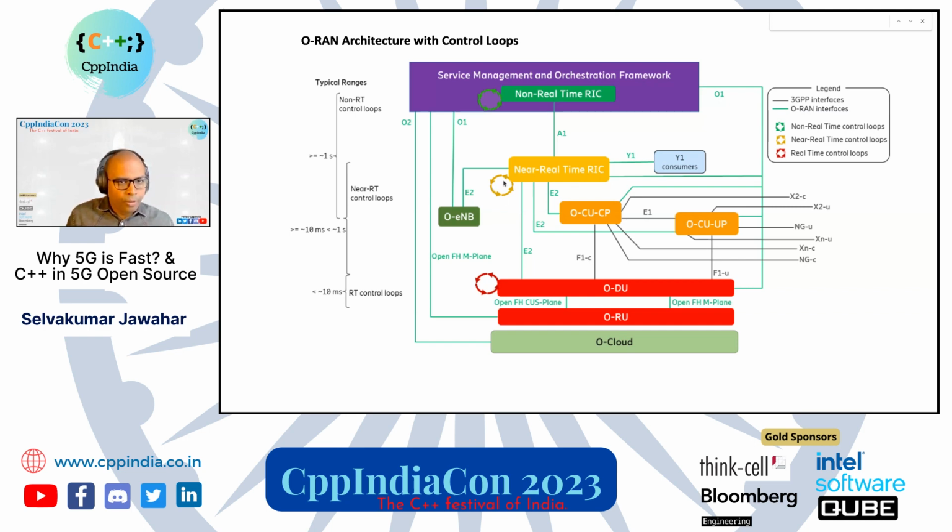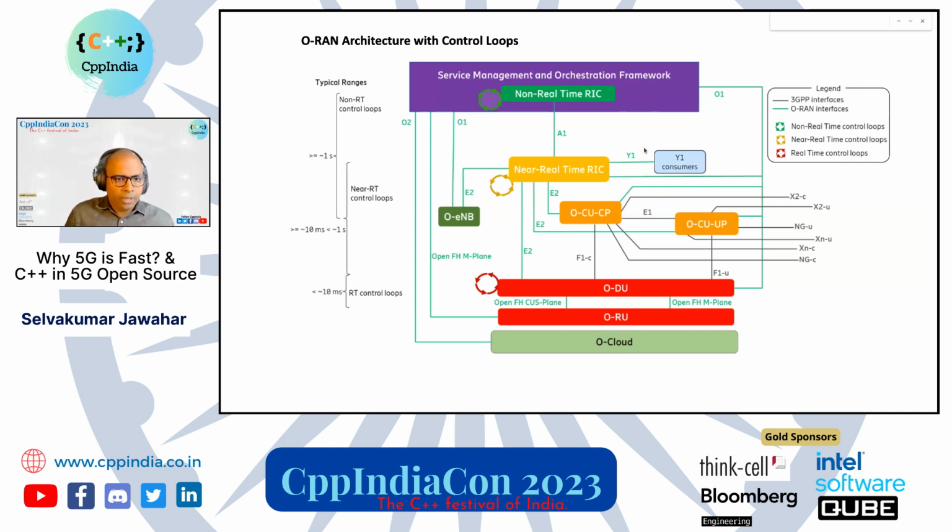Here the control loop is in the range of 10 milliseconds, and it controls the gNBs on what radio parameters have to be configured to achieve the QoS, or in ORAN language, the QoE, quality of experience. It gives that experience, not just the quality of service.